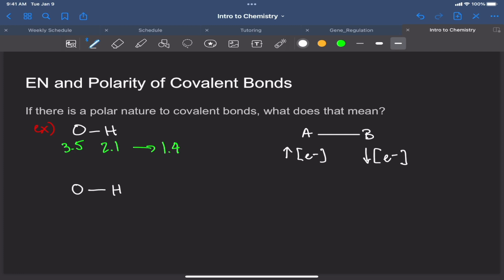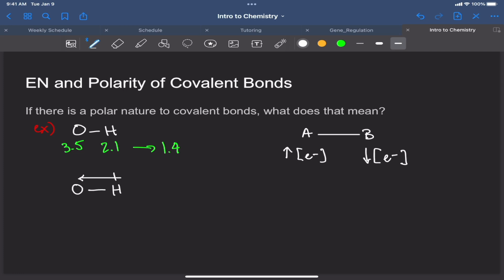So our oxygen-hydrogen bond, oxygen is the more electronegative, so it's going to have more electrons, right? When you have more electrons than protons around something, it's a negative charge. So that means hydrogen will have less, meaning it's a positive charge. So it'll have, ooh, that is shaky. Yeah, that is not good looking. There we go. Okay, so I'll have that little plus sign, and the arrowhead will be going towards the negative side.